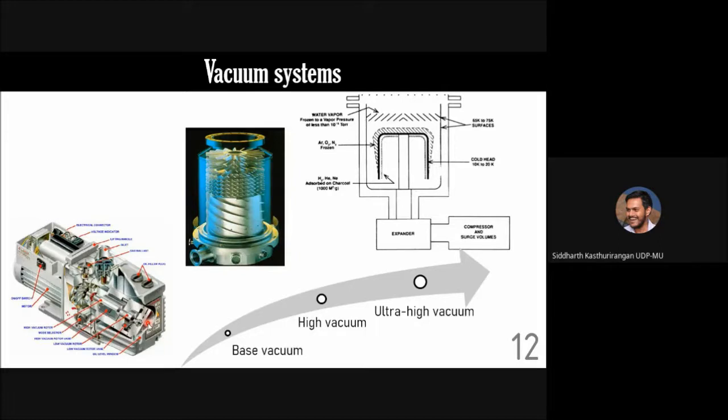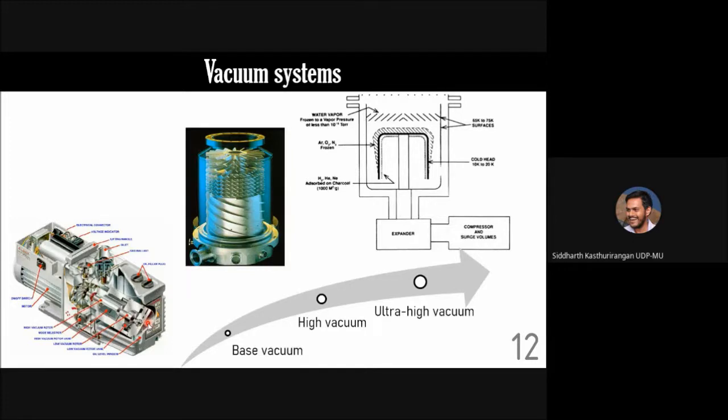Basically, vacuum technologies rely on pumping out the air, or whatever gas is there in a given volume. Initially, you can mechanically force out the air, similar to how you suck out the air using a vacuum cleaner. This is the basic vacuum which can go from atmosphere.